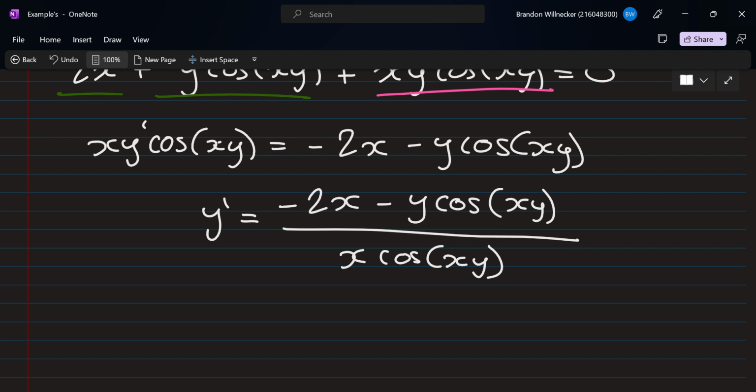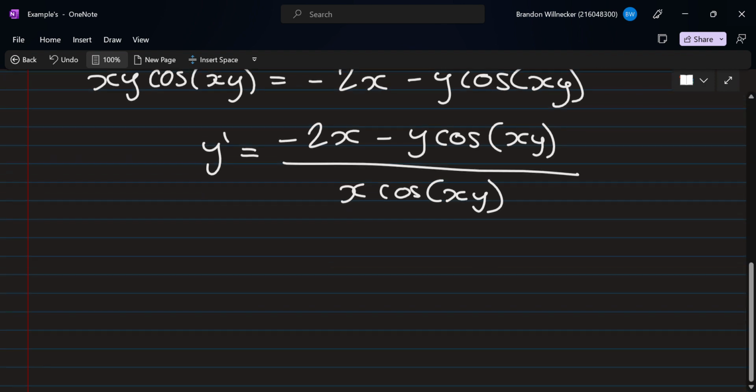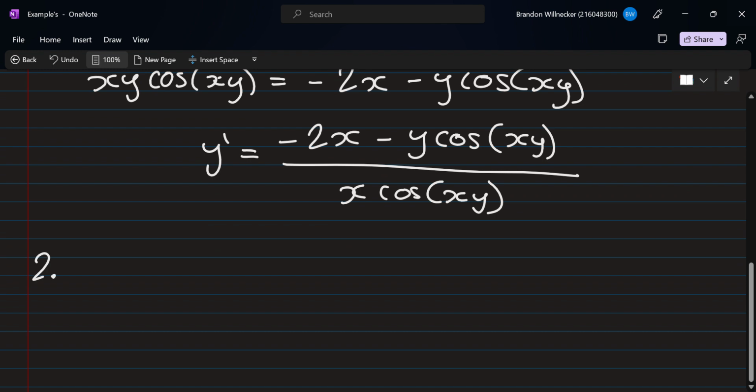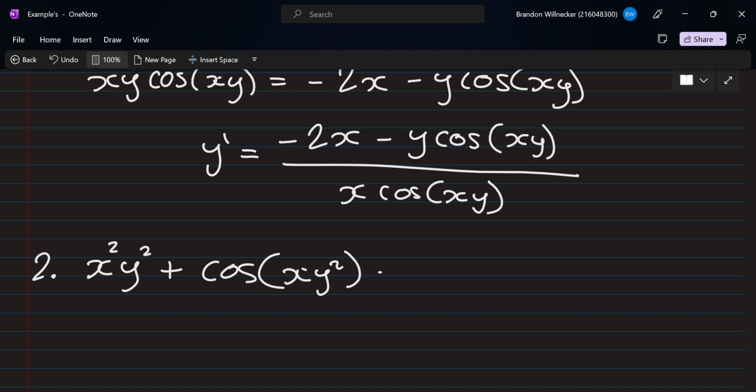Okay, let's have a look at two more examples, and then the rest will be saved for the tutorial. Okay, example number 2. x squared y squared plus cos xy squared is equal to 3x. Something like this.